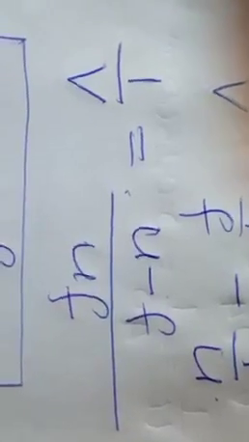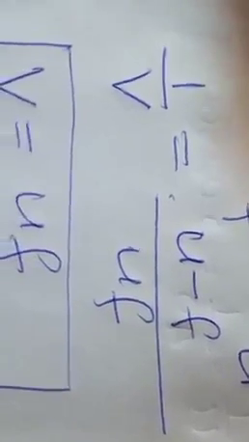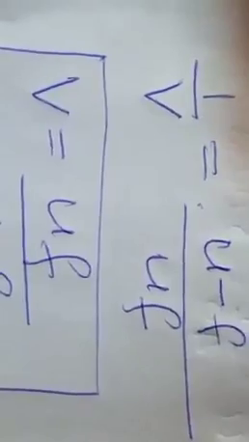Divide UF by U, you have F, so F goes up. So you now have U minus F all over UF equal to 1 over V. So invert both sides: V over 1 gives you UF all over U minus F. That formula is very important for the calculation.